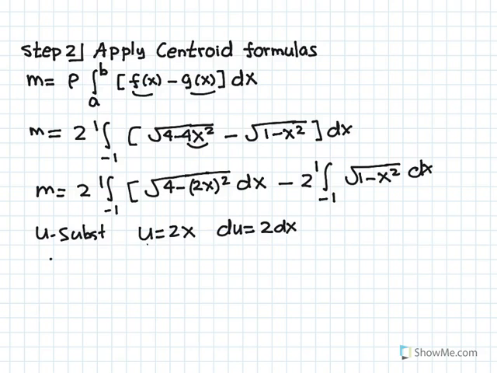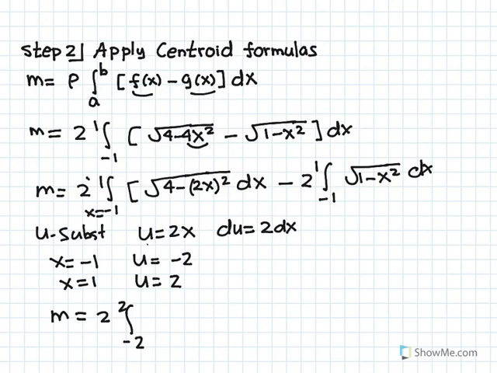Now let's plug the lower limit in, x equals -1. Plug it into u, u is equal to 2 times -1, which is -2. And put the upper limit in, x equals 1. Plug it into u, u is equal to 2x, so 2 times 1 is equal to 2. So now we can change the limits. So mass is equal to 2 times integral from -2 to 2. Important, these were x limits, x equals -1 and x equals 1.